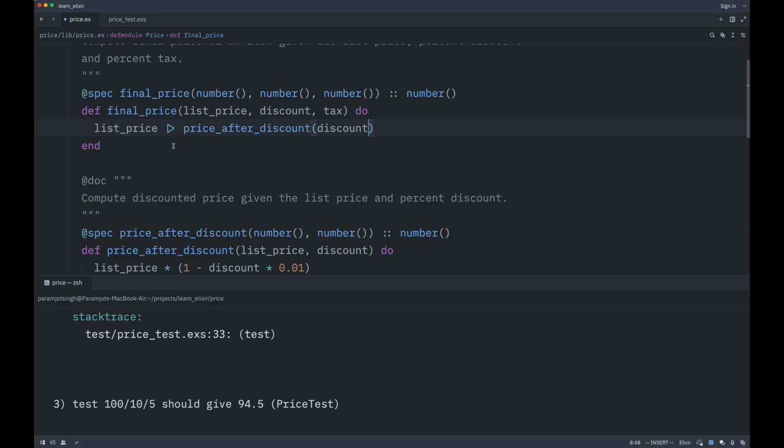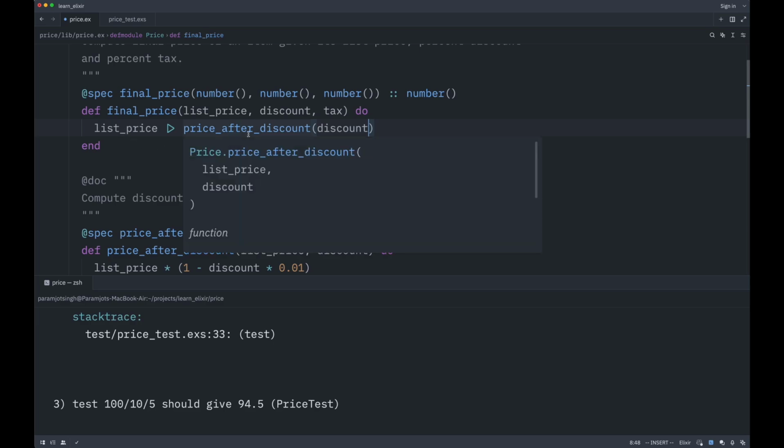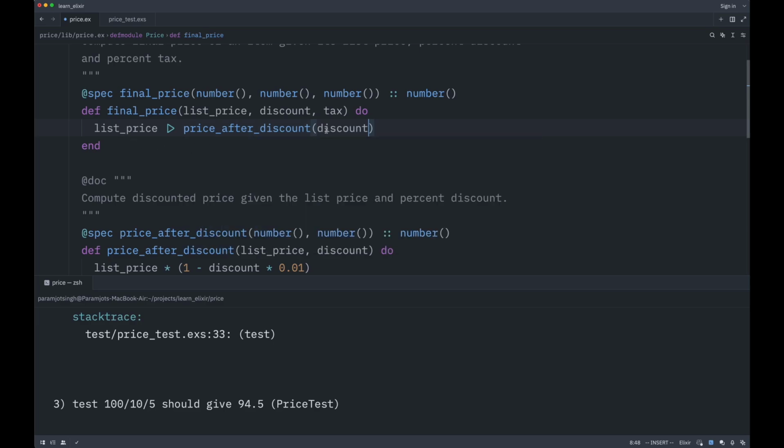When we use this pipe operator, the first argument to the function is used from the data that is piped into this function. So the list price is already used as the first argument. I only have to write the second argument, and so on.